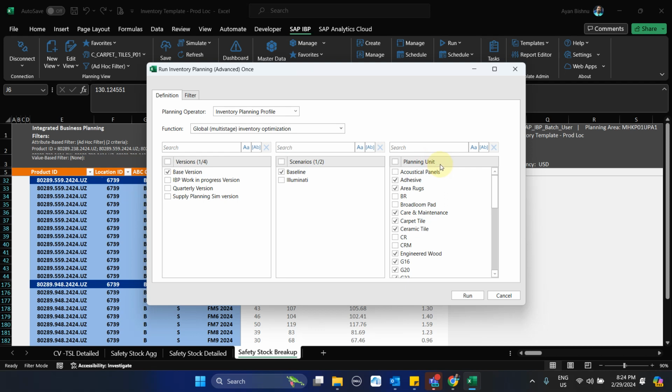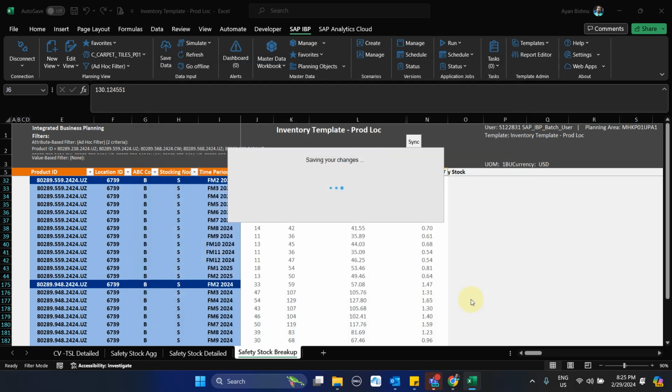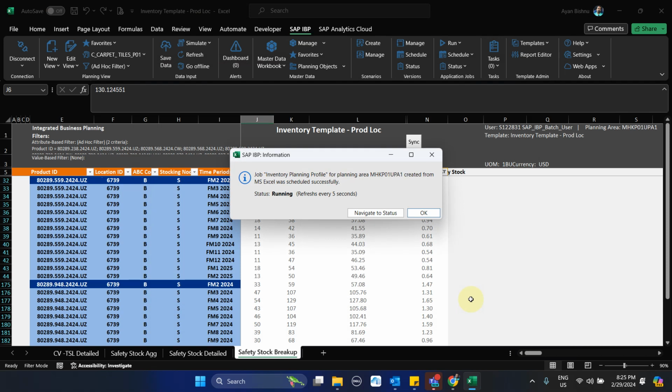Remember one thing, like heuristics, inventory optimization doesn't run on location product, rather it runs on subnetwork. In this case, I will select the subnetwork carpet tile because that is what we are using in our example and demo. And I will click on run. This run takes between 15 minutes to 1 hour based on the number of product location combinations and the complexity of the network we have.